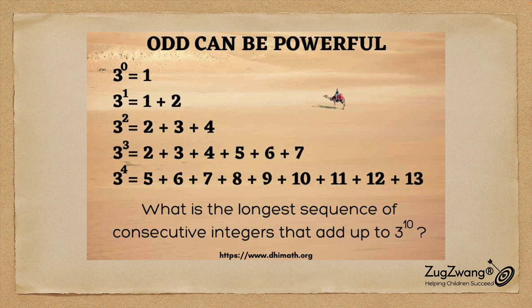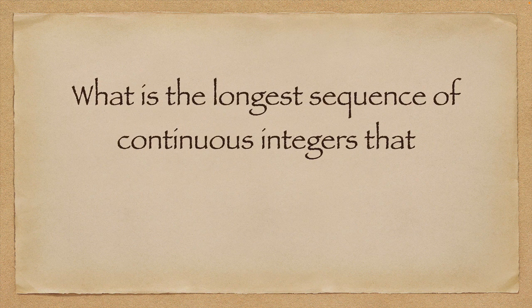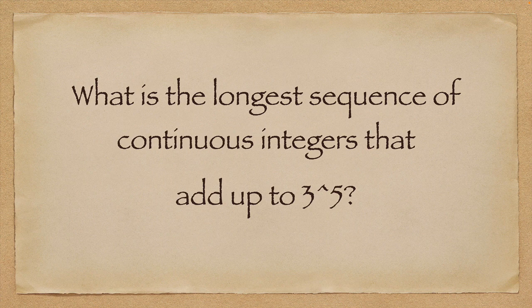My goal here is not just to solve this problem, but rather to help you build an intuition for problems of this nature. So let's get started. First thing I'm going to do is to redefine the problem statement, which is: what is the longest sequence of continuous integers that add up not to 3 to the power 10 but 3 to the power 5?